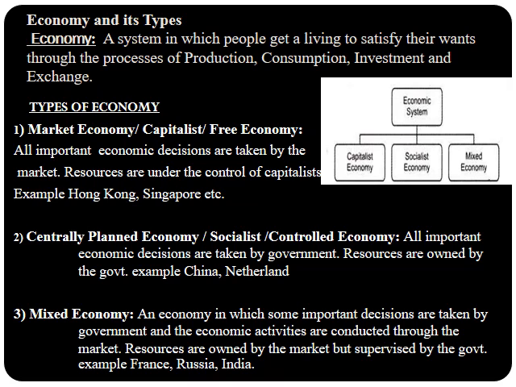Now let us define the economy and the different types of economy in the world. An economy can be defined as a system in which people get a living to satisfy their wants through the process of production, consumption, investment and exchange. Economy is a system which provides people a living to satisfy their wants. When we talk about an economy, as I already told you, an economy is determined by the level of production.